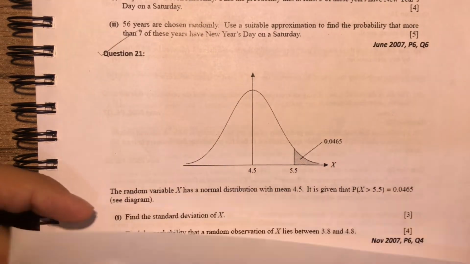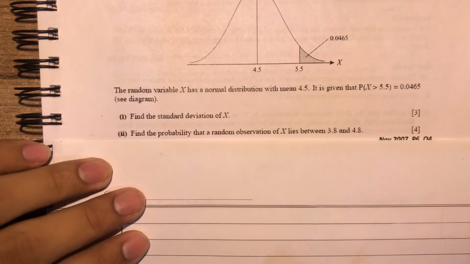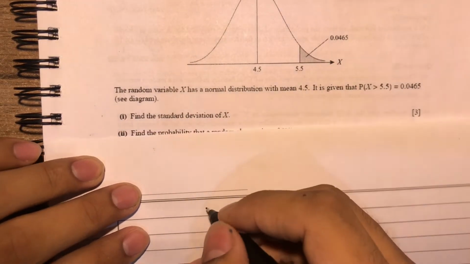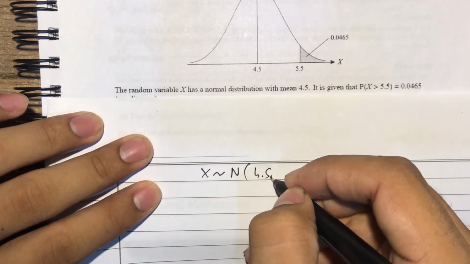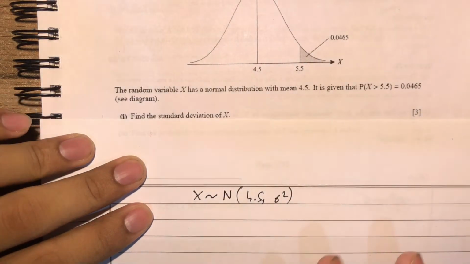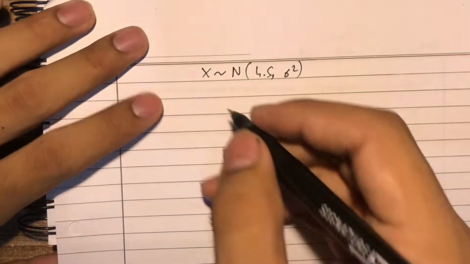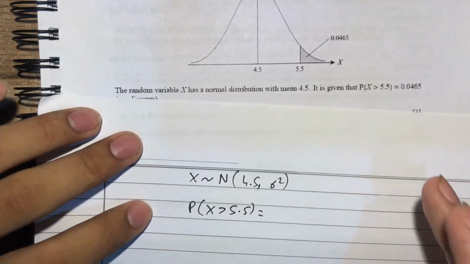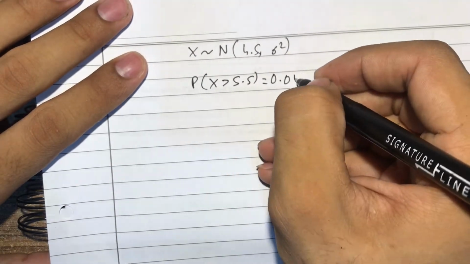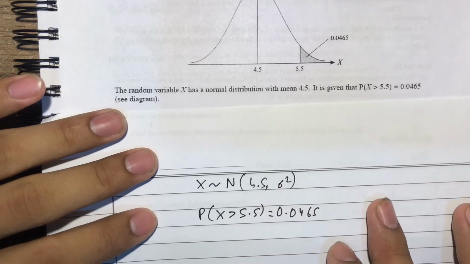Okay, so over here x follows normal, where the mean is 4.5 and the variance we don't know, and they're saying that the probability of x greater than 5.5 is 0.0465. Now we have to find the standard deviation.